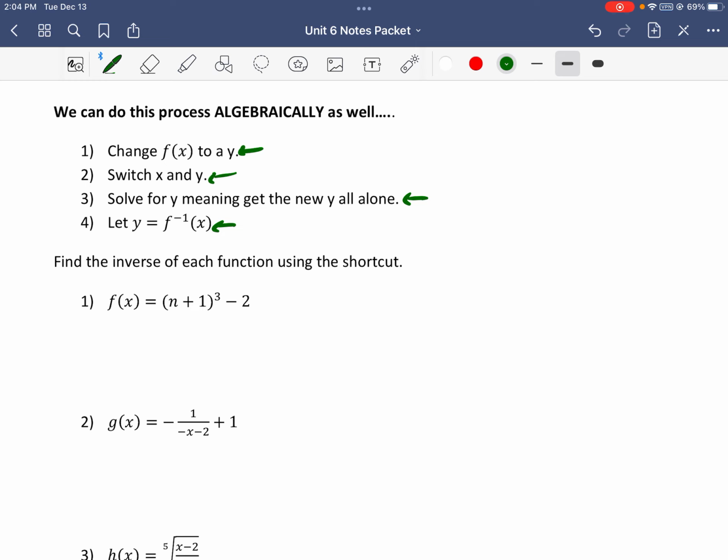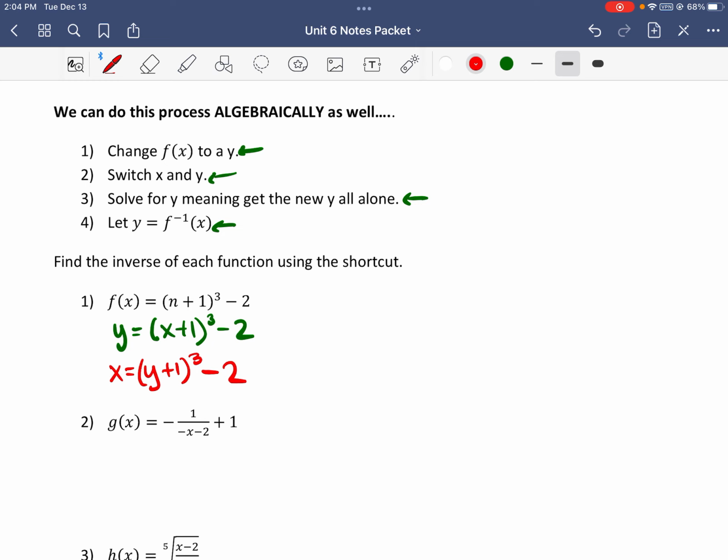Okay, so let's do this. I'm going to change this f of x to y. I'm going to change that to x plus 1 to the third minus 2. Okay, now the next step would be to flip x and y. Okay, now we need to get y all by itself.